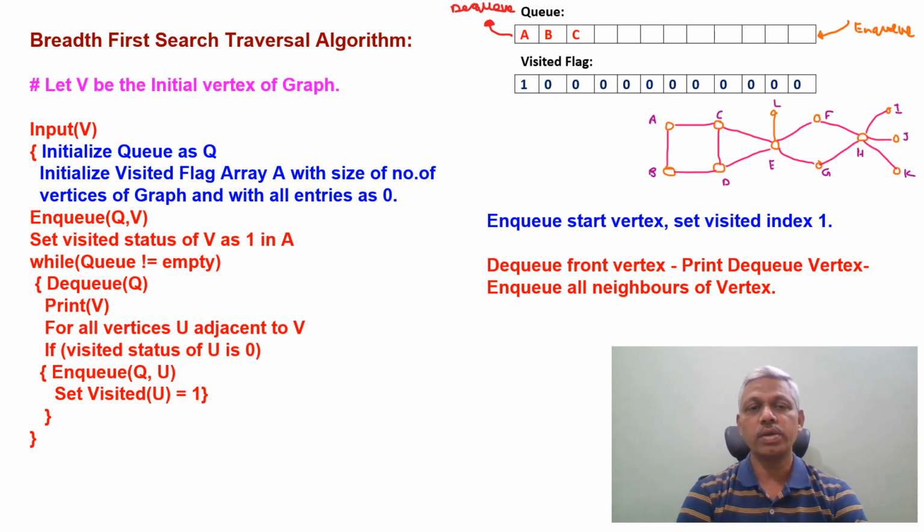Keep on doing this in the while loop until the queue is empty. That means stage by stage we keep adding the vertices, and if they are already visited, we ignore them, and if they are not visited, the corresponding edges will be added or traced. Vertices are traced. Like this, all the vertices are dequeued. We need to keep on traversing through the queue.